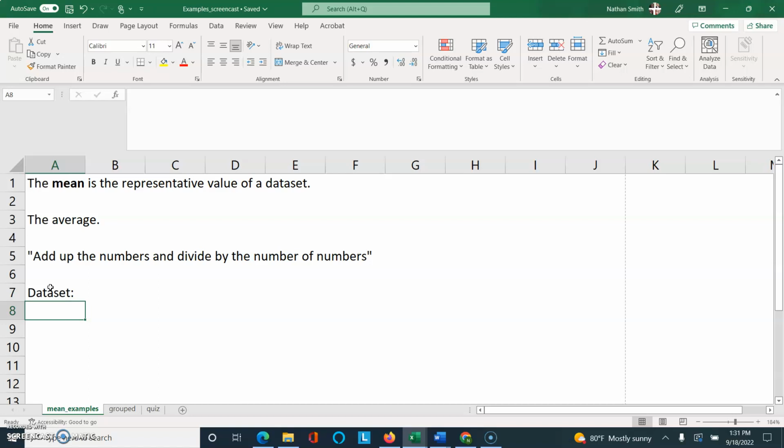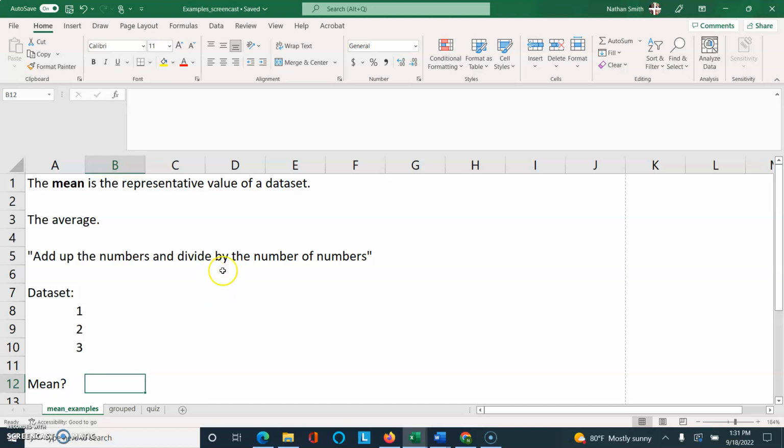Let's suppose we have a data set where we have 3 data points and the values are 1, 2, and 3 respectively. Okay, so first let's figure out what is the mean of this trivially simple data set. Let's take a look at the recipe. It says add up the numbers and divide by the number of numbers.